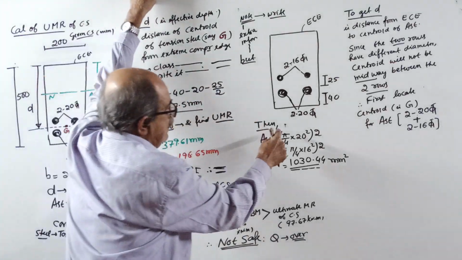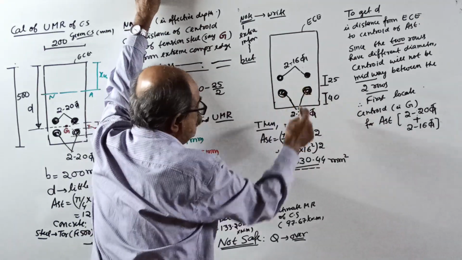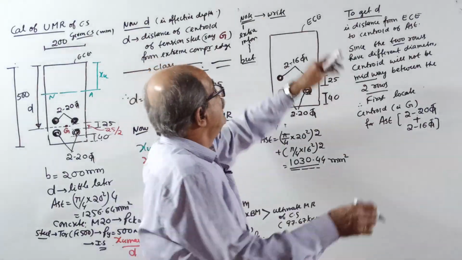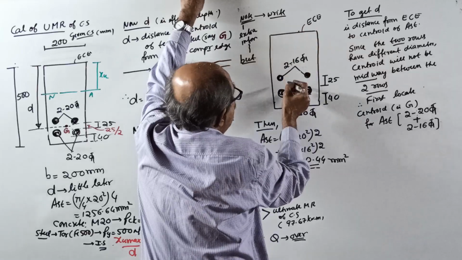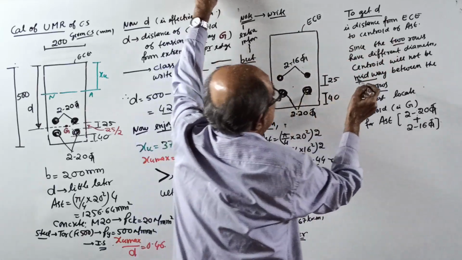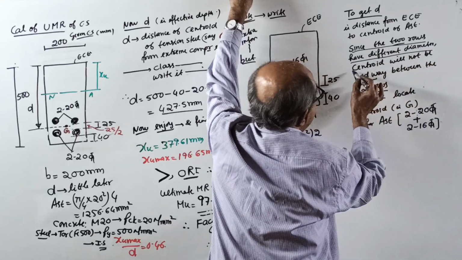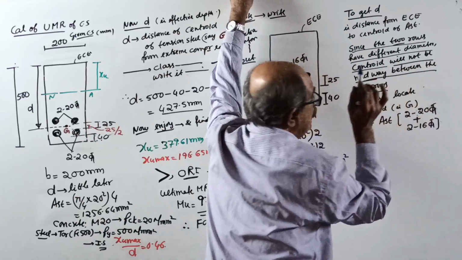Then your AST will be, here see, pi by 4 of 20 square into 2 plus pi by 4 of 16 square into 2. Okay, AST no problem. Now, problem is D. Distance from extreme compression edge to centroid of AST. Now, statement. Since the 2 rows have different diameter, centroid will not be midway between the 2 rows.